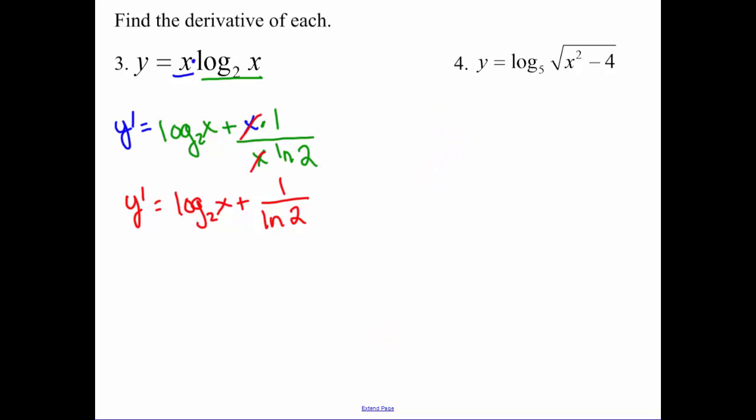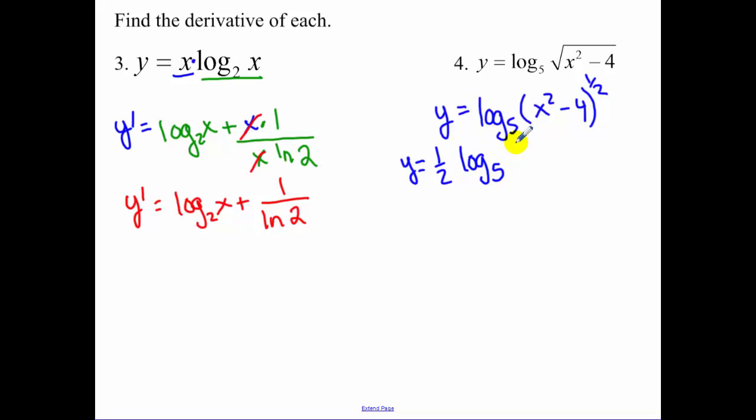Now, question number 4. I'm going to do this one like the first example, method B. I'm going to rewrite it so I can bring down the 1/2 in front. Now I can take the derivative from here.